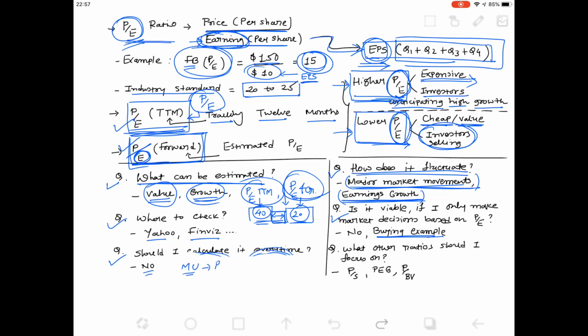The current PE or PE TTM is, let's say, 40. Okay. Now, that means this is on the bit higher range. So what I will do, I'll also check MU's forward PE ratio, which is, let's say, 20. Okay, which is a good range.